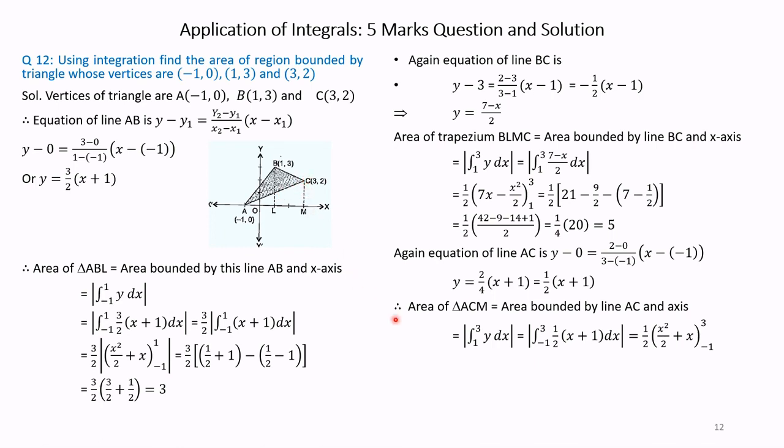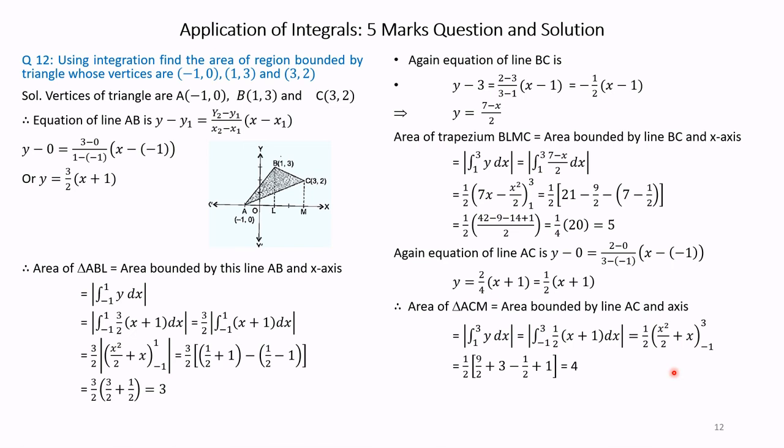So we get integral minus 1 to 3 of 1 by 2 into (x plus 1) dx. When we take this 1 by 2 outside, we get 1 by 2 into x square by 2, since the integral of x dx is x square by 2 and the integral of 1 dx is x, with limits minus 1 to 3.